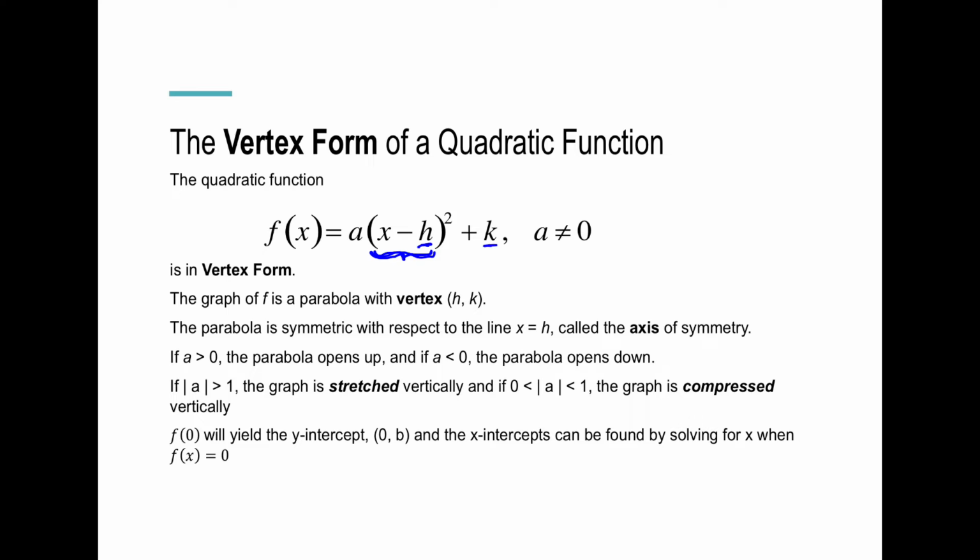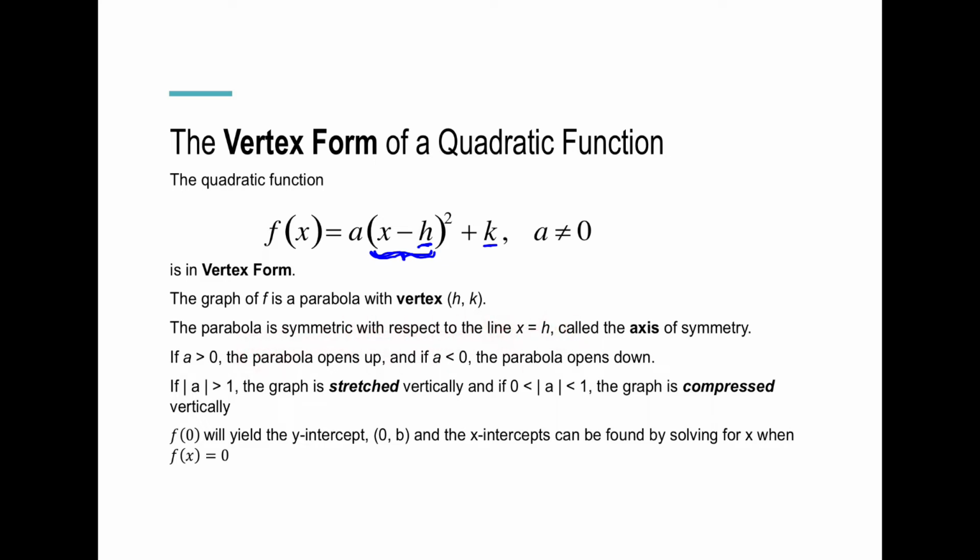So in this particular form, we don't have to find the opposite of b over 2a and all that. We can simply look at this form and immediately find the vertex. The vertex is at h, k, so that's why this a lot of times is referred to as the vertex form of the quadratic function, because it automatically reveals the vertex.